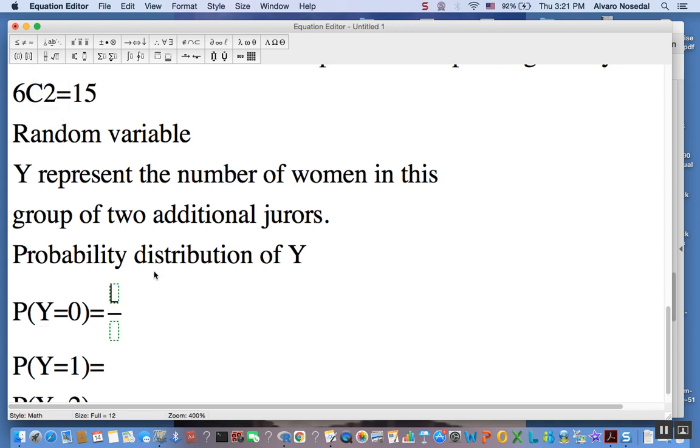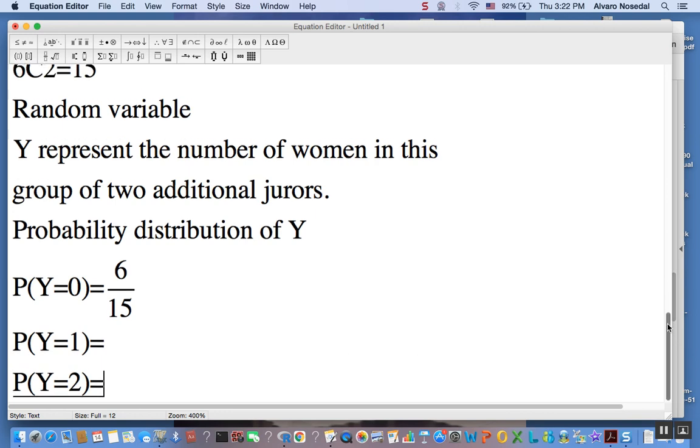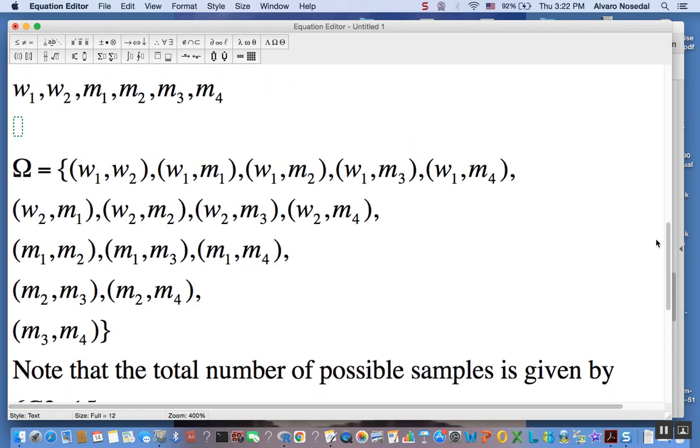Makes sense? So 6 divided by 15. We're just counting, right? Let's find the probability that y equals 2. So how many of these sequences include 2 women exactly? So only one of them, right? So 1 in 15.